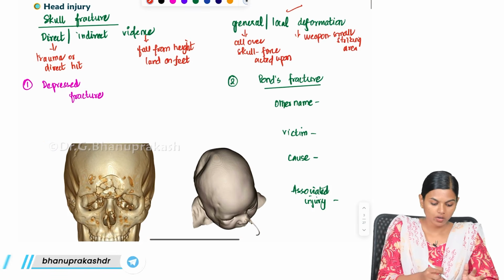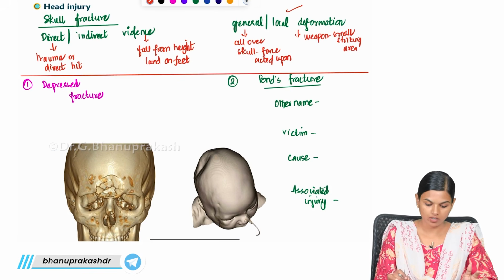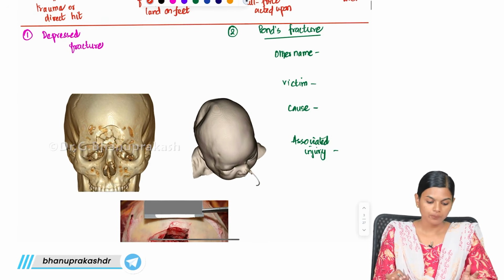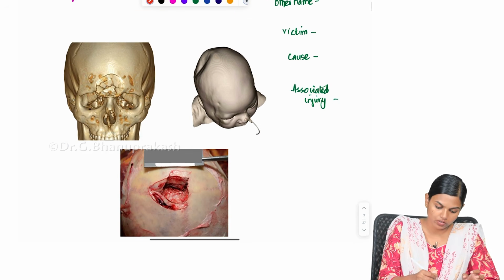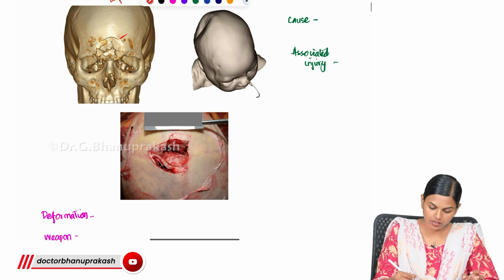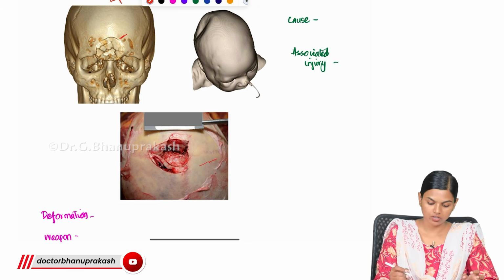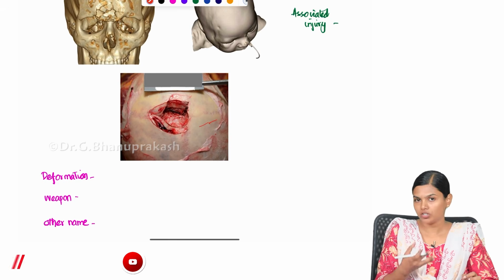Now we will look at each and every type of fracture which is commonly seen. First we are going to see the depressed fracture. Here, do you see this? This is your depression. It will look like a depression here. See, this is your depressed fracture. Now, is this local deformity or general deformity?